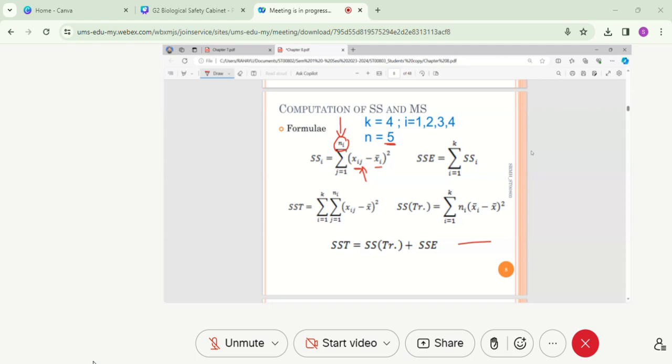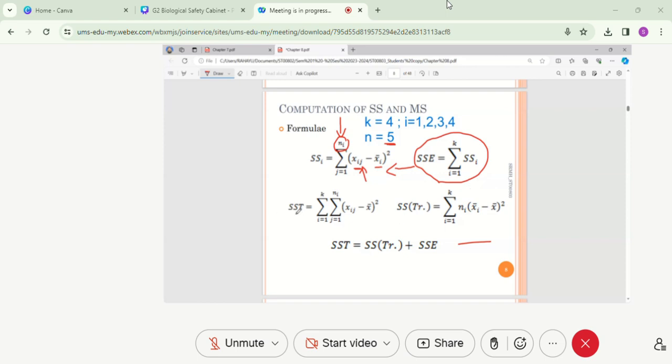Now, the sum square of error is when you sum up all the variability, the deviation squared, of all the treatments. This one measures the variability within the group. Then you sum up everything and you get the sum square of error.